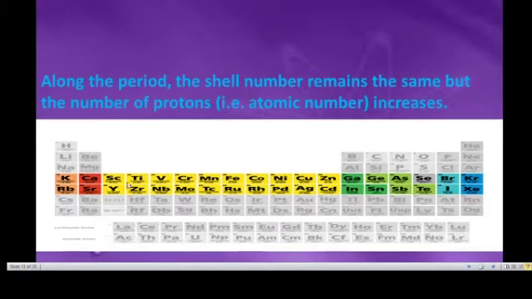From left to right, the atomic number is increased, so the number of protons also increases.